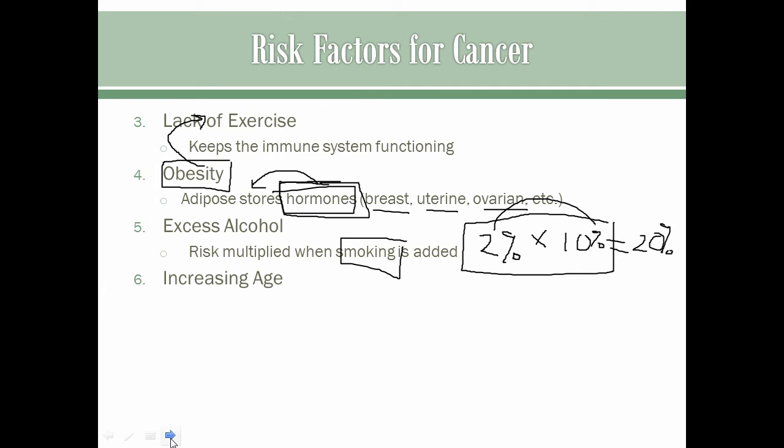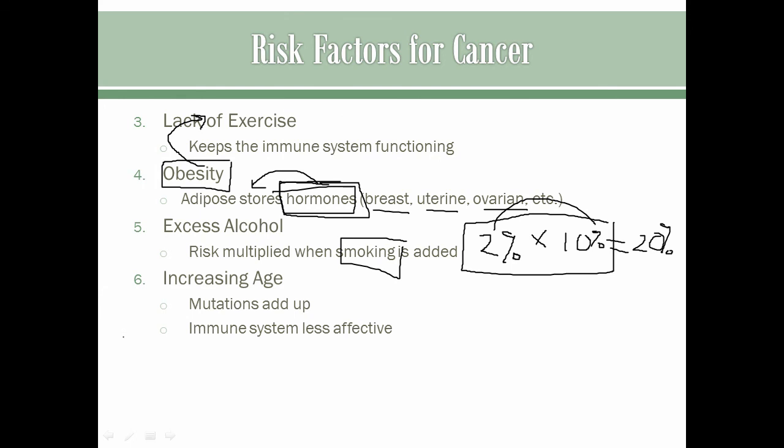The last risk factor is increasing age, which to me makes a lot of sense because as our bodies naturally go through life, we come into contact with things that damage our body, and that causes mutations in our cells. The longer we live, the longer we're in contact with the outside world, and mutations can add up. So obviously, as we get older, our risk for cancer increases.